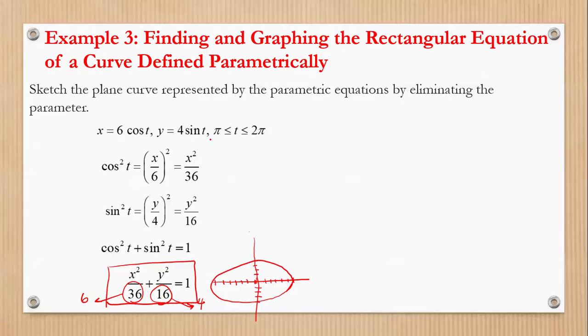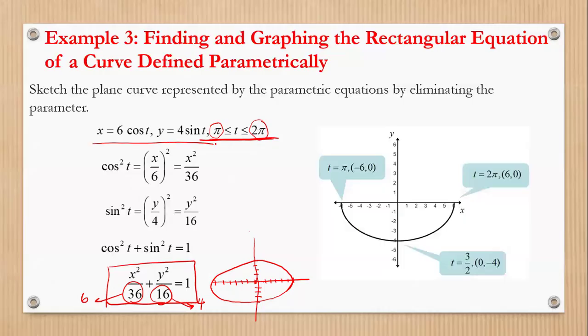But I know that t is restricted from pi to 2 pi. So I need to check which part of this ellipse I have to graph, not the whole, only from pi to 2 pi. So what do we do? We replace pi and 2 pi to find the minimum and the maximum point in both of these parametric equations.